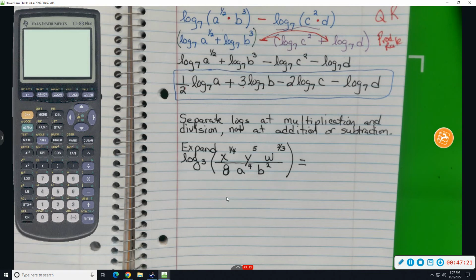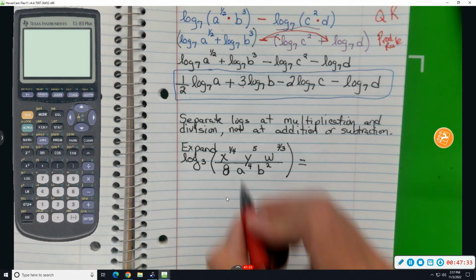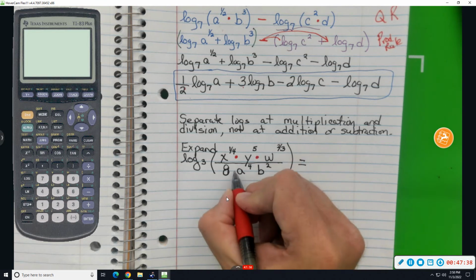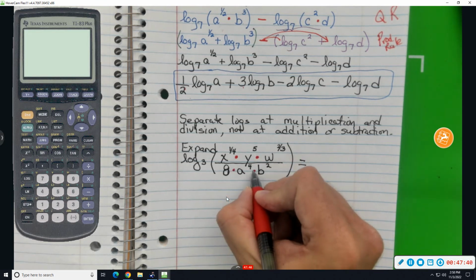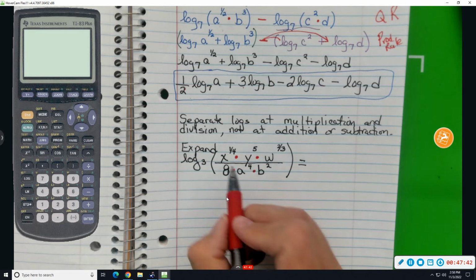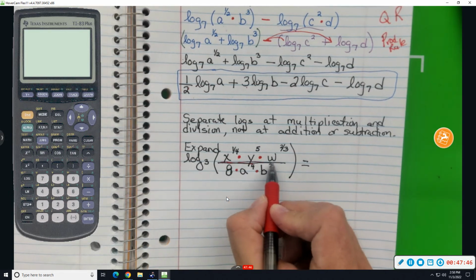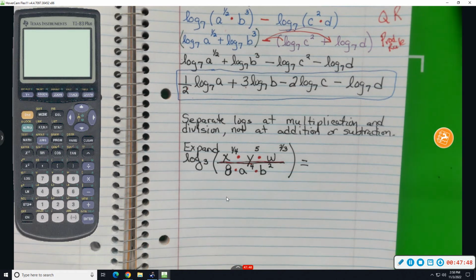So this is doing it the way my brothers told me that students like to do it years ago, and I thought he was insane. Separate at multiplication and division. Go through and put red dots everywhere there's multiplication. Well, here, here, here, here. And I'm going to even sort of write the fraction bar in red, because that's where it separates.